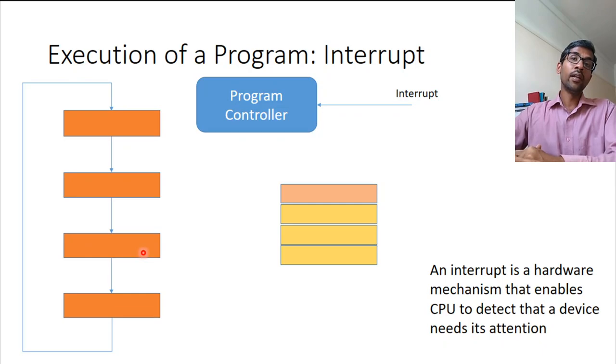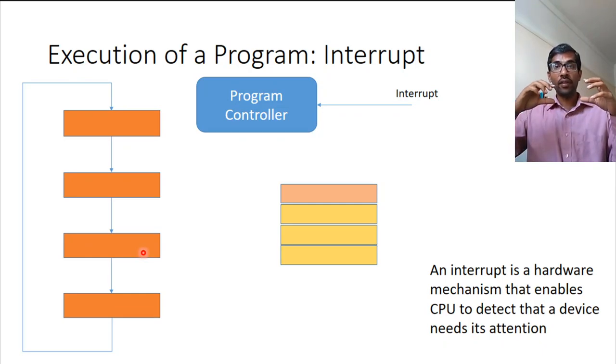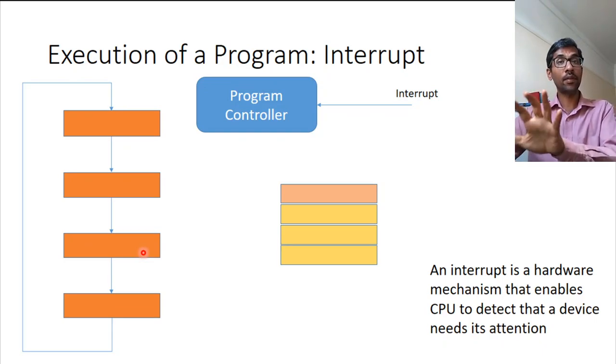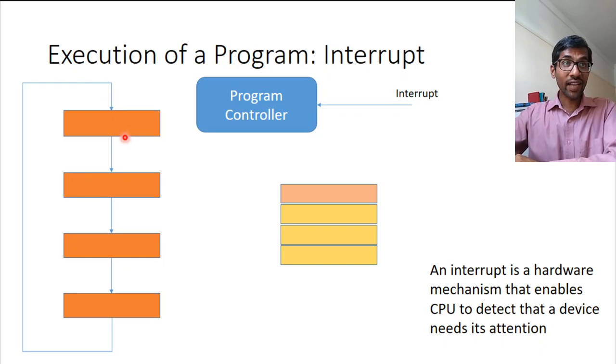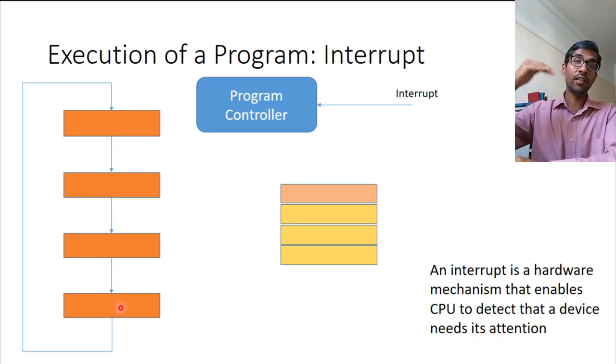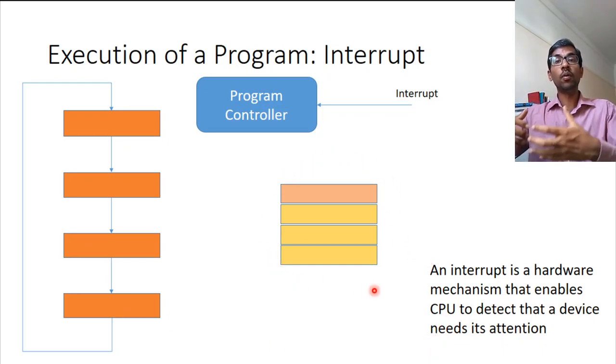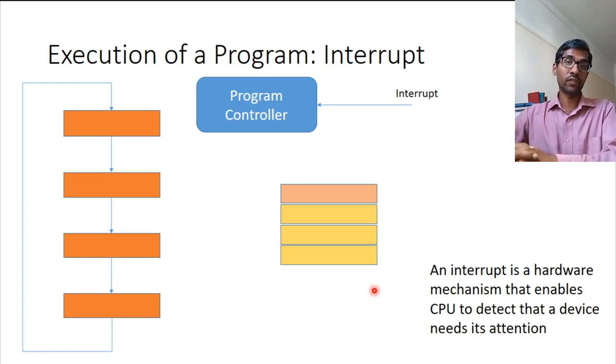So the interrupt mechanism uses this program controller to help us respond to input. Now imagine this. You have these lines of code, which are in the main routine, the task that you're actually doing. And this is the task that you want to do when the input arrives.